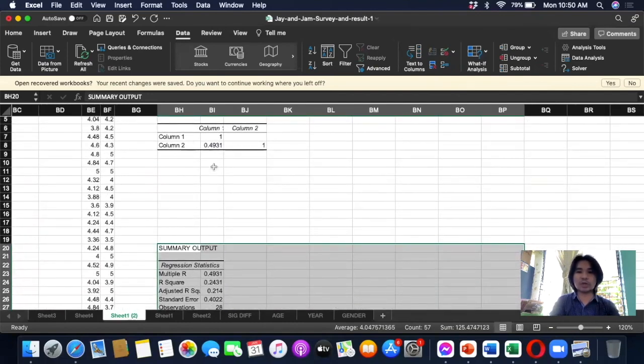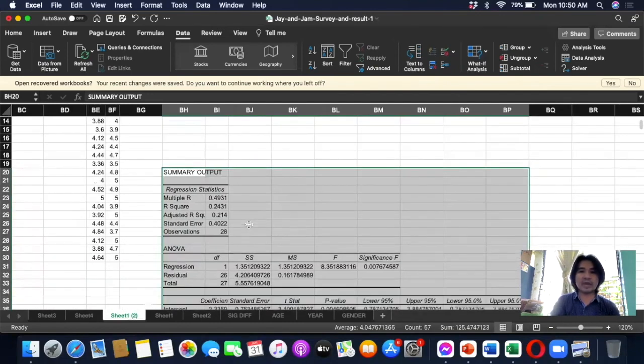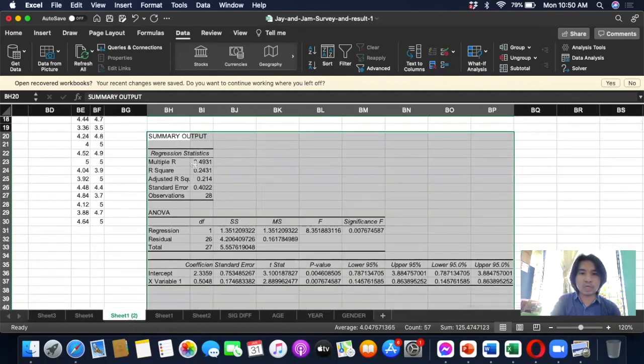So we will check the result of the correlation, which is 0.49. Right here, the result of the correlation is 0.49, which is the same. The essence of using regression analysis is for us to know the p-value. The p-value is the one that tells us if we will accept or reject our null hypothesis.